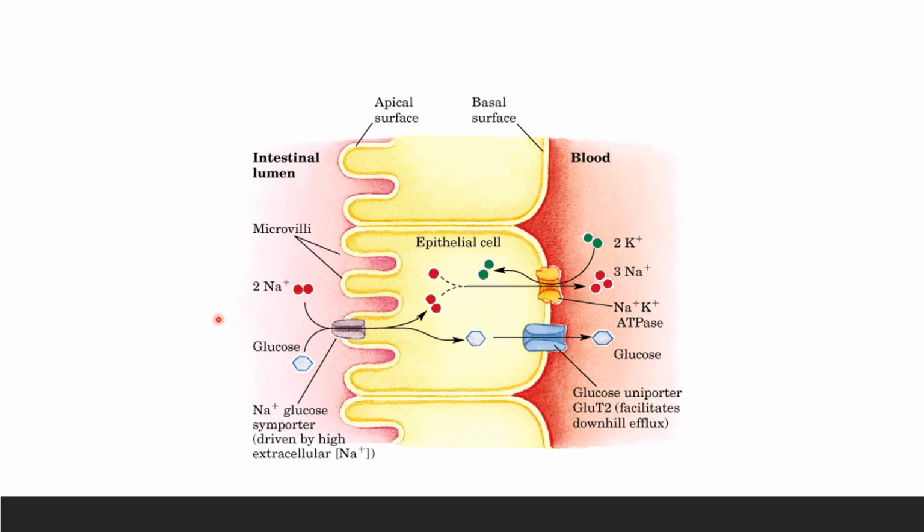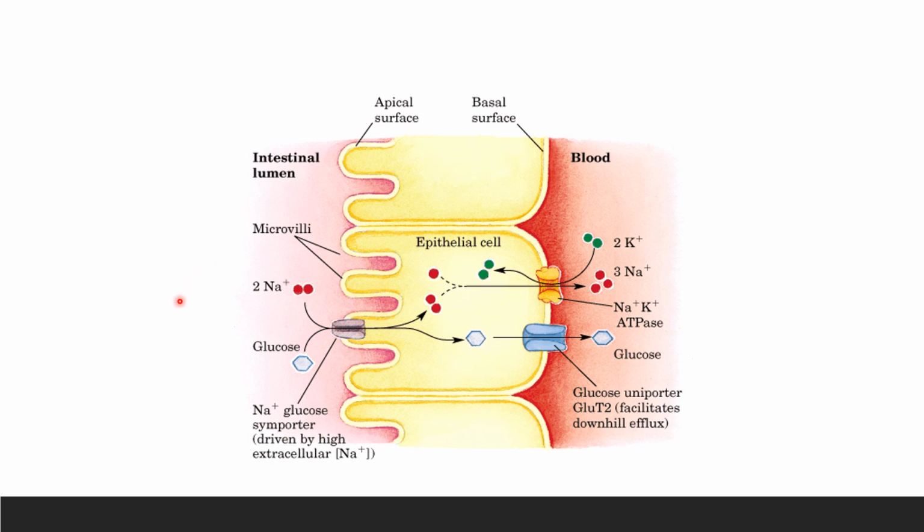When the glucose and sodium are coming into the gut, the entry of glucose is coupled by the sodium. At the basolateral surface, the sodium potassium ATPase pump is acting. It is utilizing energy, it is utilizing ATP. As a result, we know that its function is to expel 3 sodium outside the cell. So intracellularly the sodium concentration will go down.